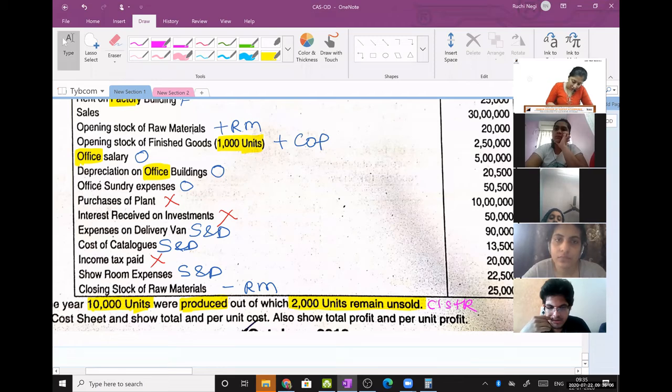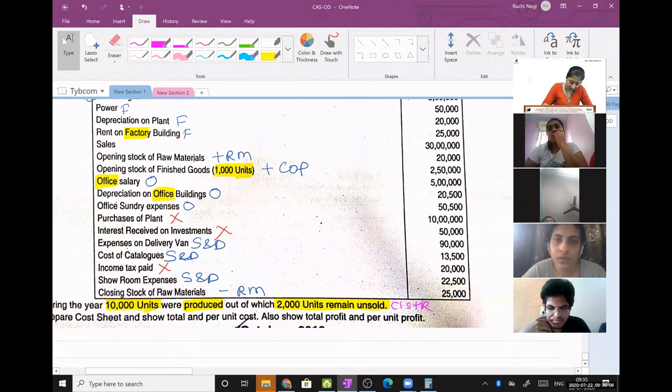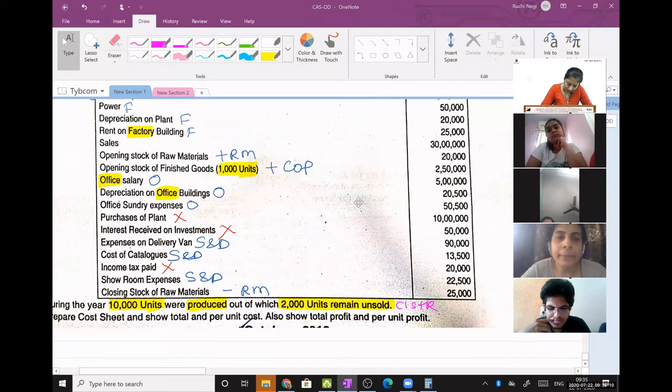Now, my question to everyone is, in this sum, we haven't said which method is to be used. Did they mention closing stock to be valued at cost of production or net factory cost? No, nothing is mentioned, right? So which method is to be applied? Tell me that. Which method is to be applied if nothing is given in the question?